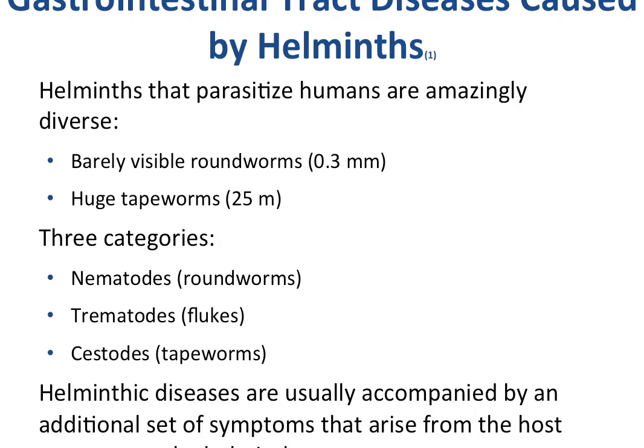Now let's talk about the helminths. We have different helminths. Some helminths are visible because they are huge, like the tapeworm and roundworm. However, some helminths are invisible because they are tiny.